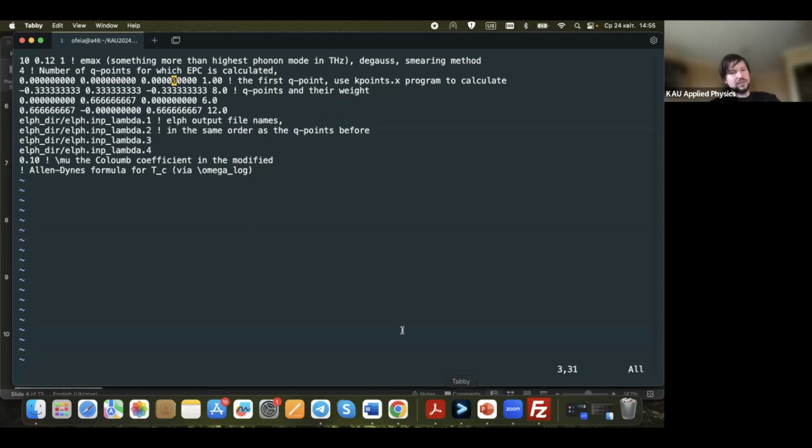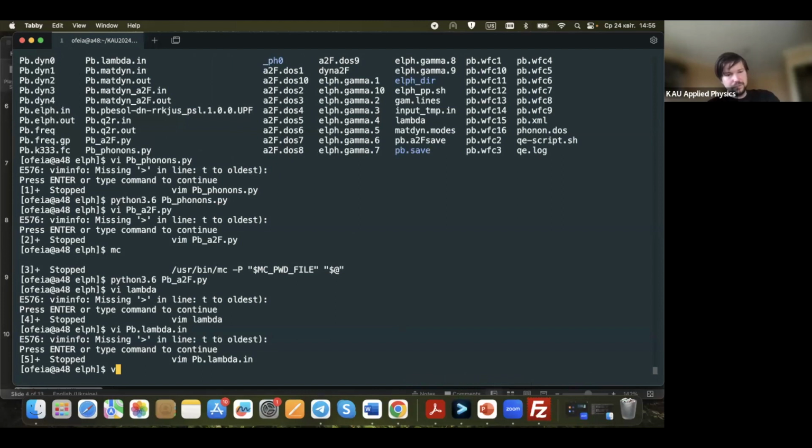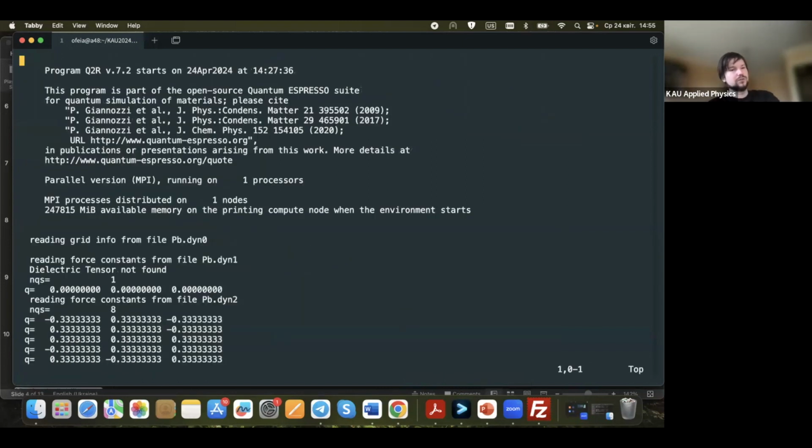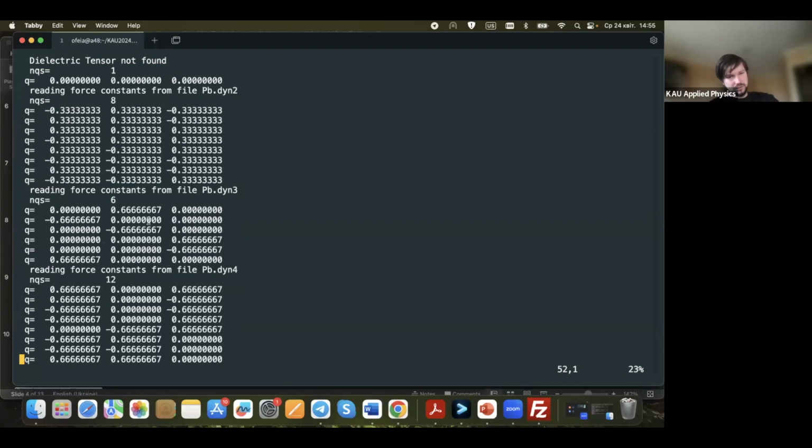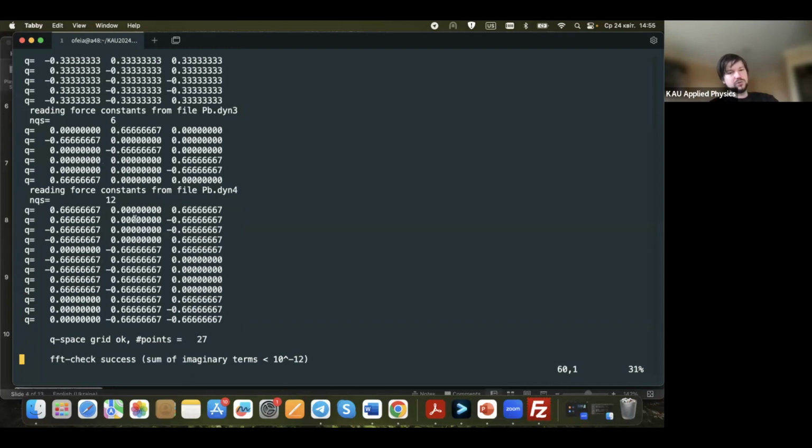Where can we take this information? We can take it from the output of pb q2r out, or from the phonon calculations output, but here they are together. You see, first 1, for the second Q point we have 8 Q points, for the third 6, for the fourth 12.